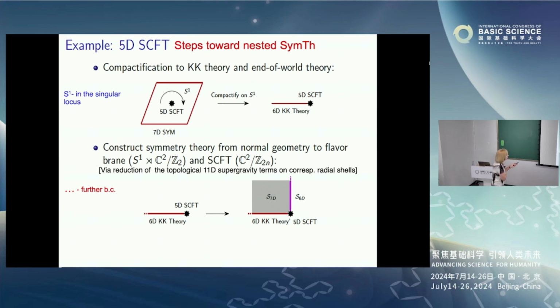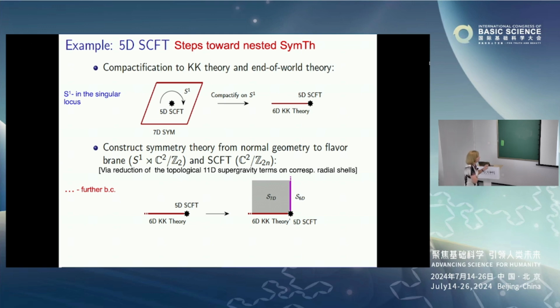One dimension is not that relevant in this process, so we can compactify one dimension in the system. This would be associated with the worldvolume of flavor branes, but not the radial direction. And we obtain effectively from the flavor brane a 6D field theory, and there is a corner here, the defect, associated with the 5D superconformal field theory.